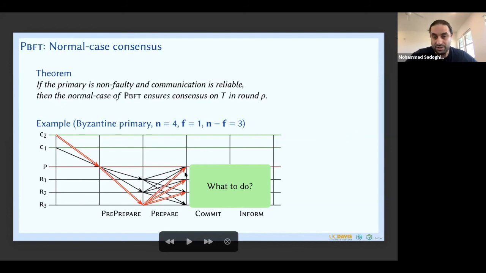As long as the majority, which is 2F plus 1 or N minus F, agrees on what the value should be at every phase, then the protocol can succeed. If the majority cannot agree, then it will stall and it will try to change the primary.